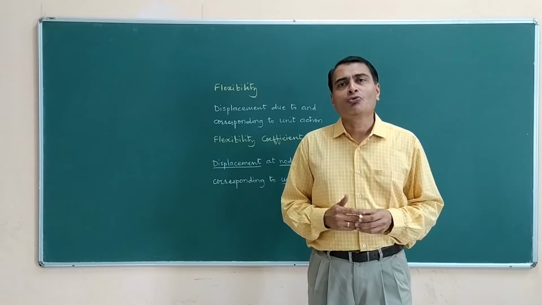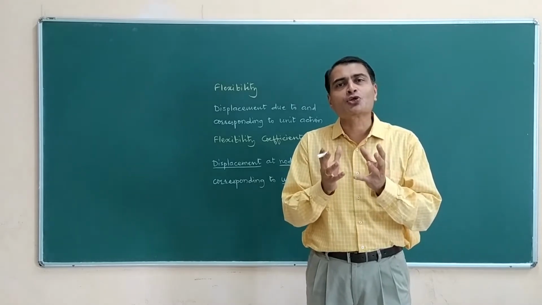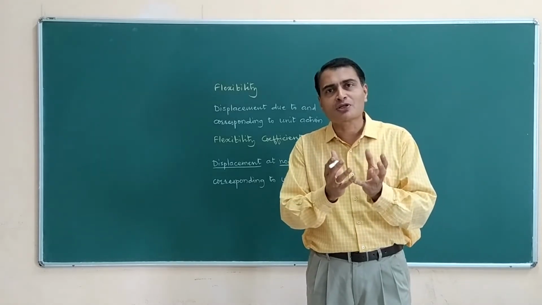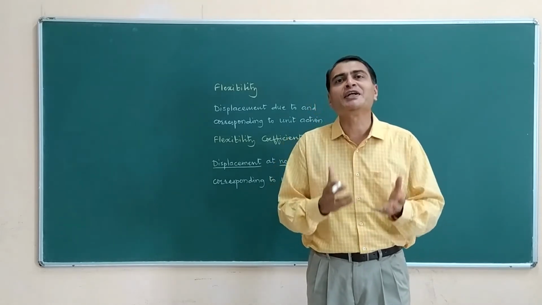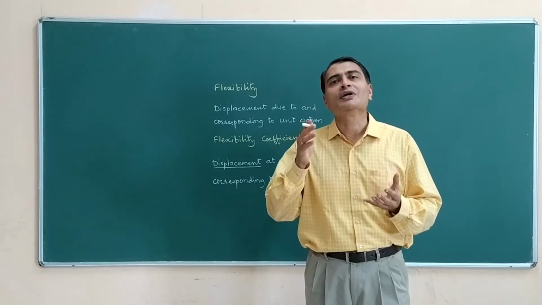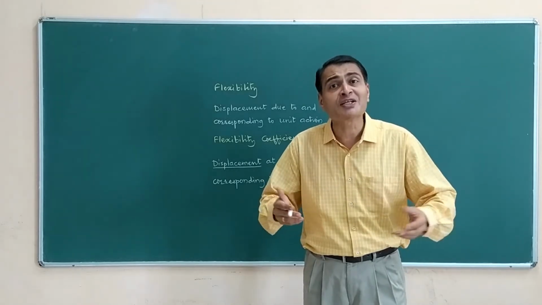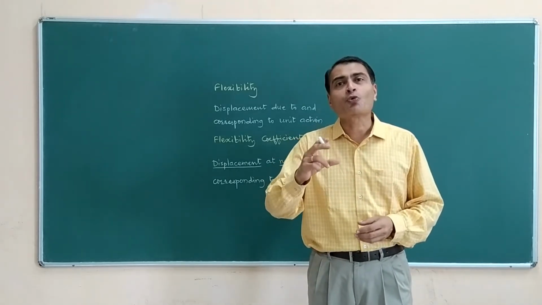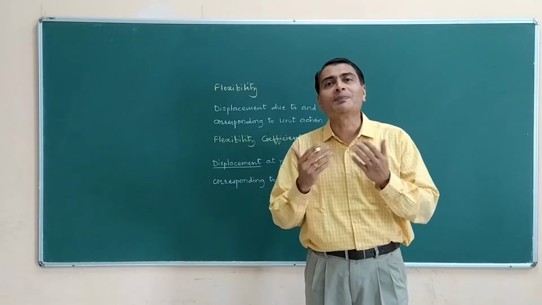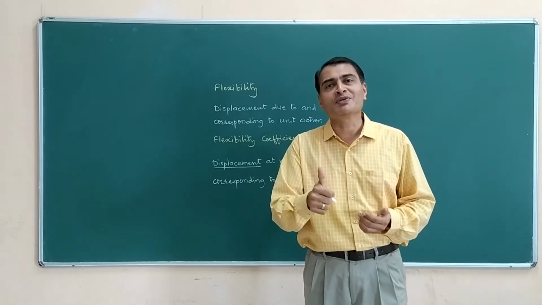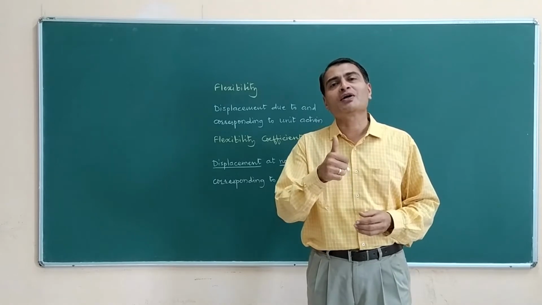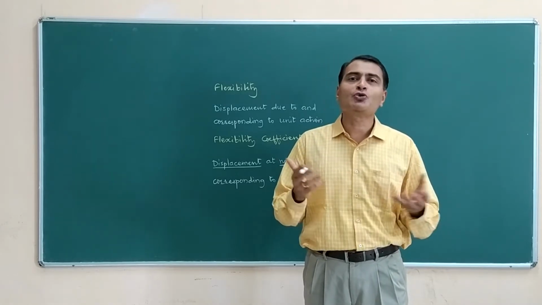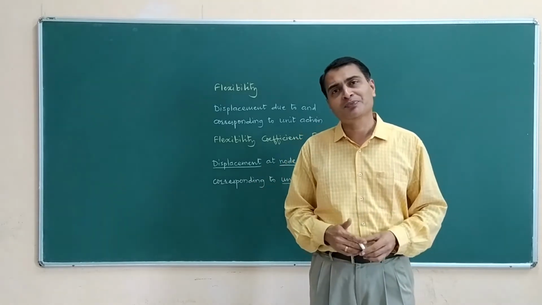Whichever support you have removed to convert the indeterminate structure into a released, determinate structure, that support you later replace by a unit load. That means the reaction at that support you replace by a unit load, and then you define flexibility.